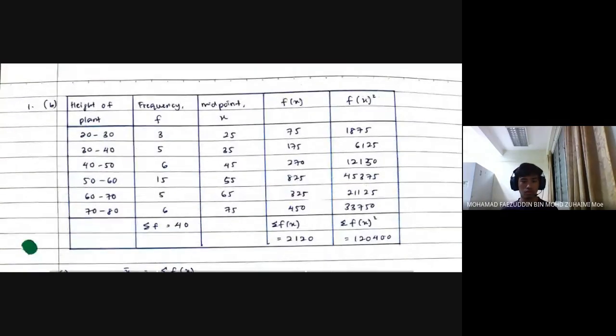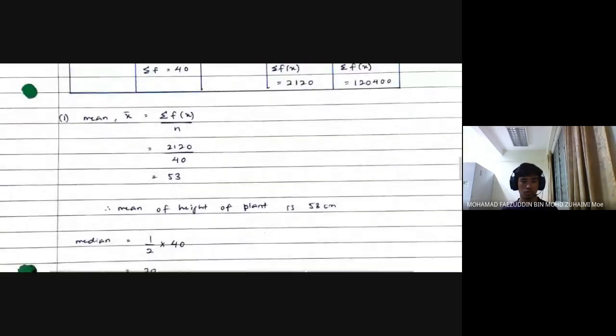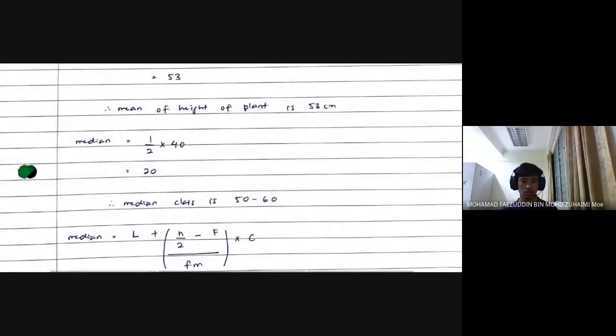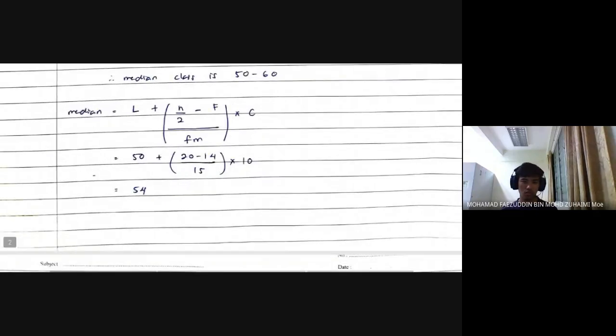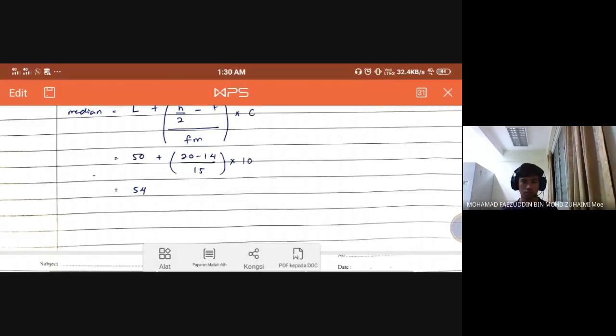Okay, for median, using formula 1 over 2 times 40, so we got 20, and 20 is between 50 to 60, so we got the median class is 50 to 60. So to find the median, we use formula L plus n over 2 minus F over fm times c. So we substitute the data and we got the median is equal to 54.